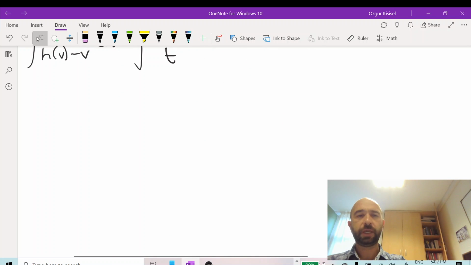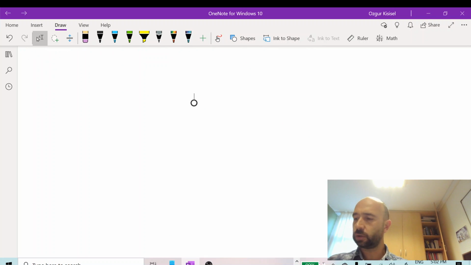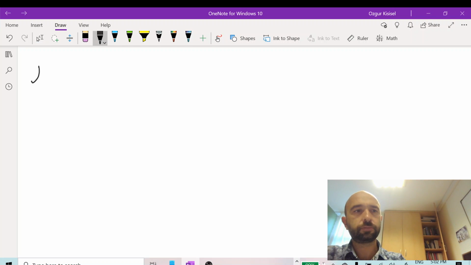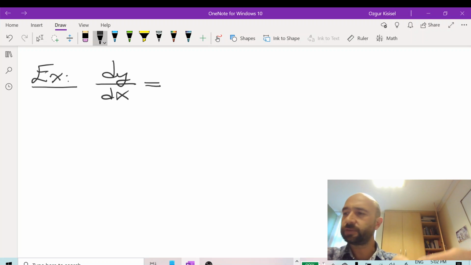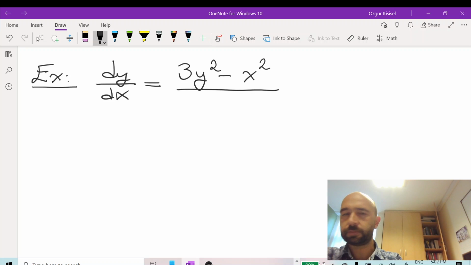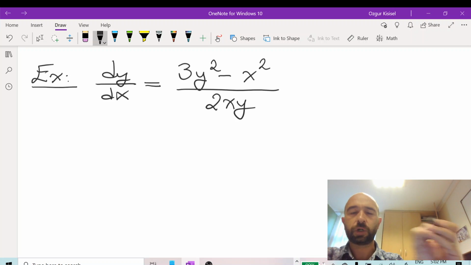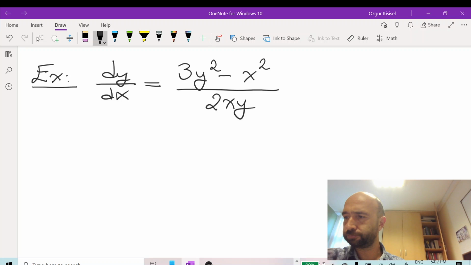Okay, now let me actually work this out on an example. Let's look at the following equation: dy/dx equals 3y squared minus x squared divided by 2 times x times y. Okay, it's x instead of t, but it doesn't matter, of course.